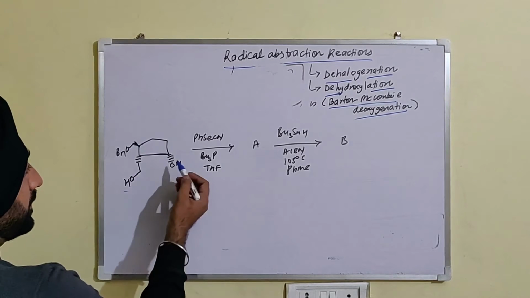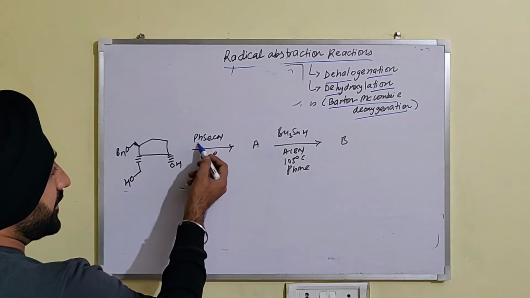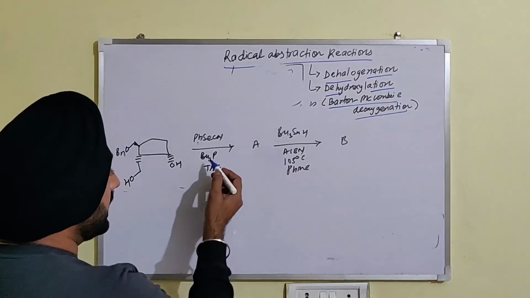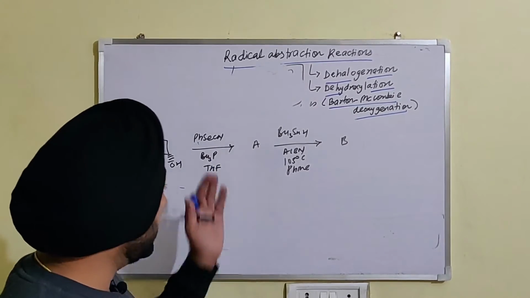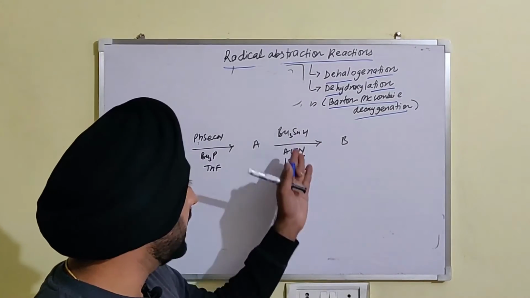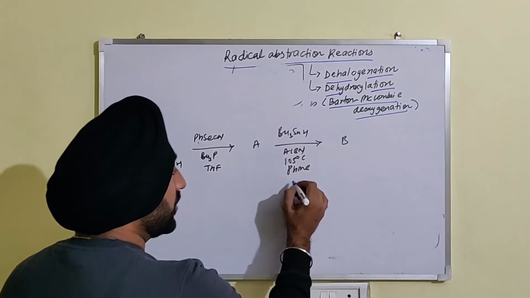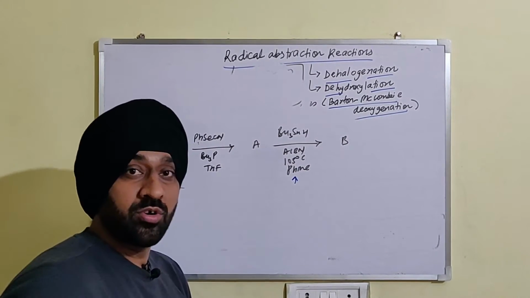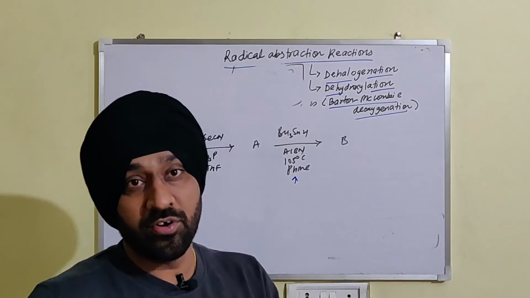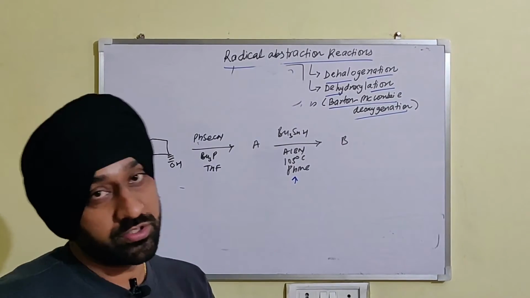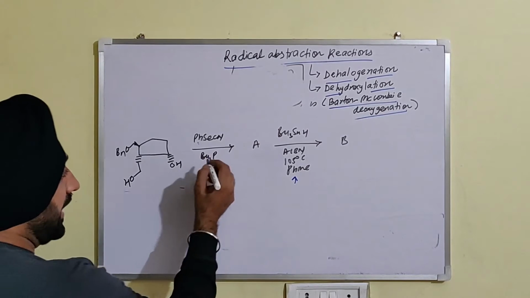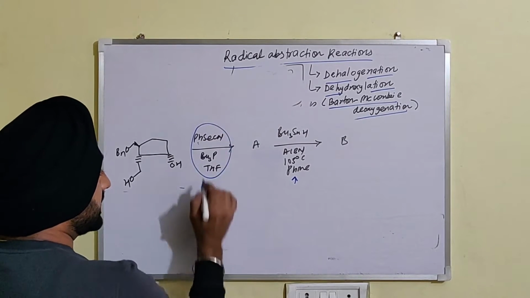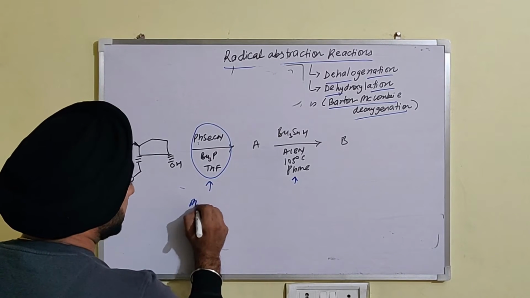This particular compound is treated with the phenylselenyl cyanide compound in the presence of tributyl phosphine, and then further treated with the tributyl tin hydride condition. We know these are conditions for the radical abstraction reaction, where some sort of dehalogenation or dehydroxylation is taking place. Now if we understand this reaction, this is nothing but a Mitsunobu reaction.